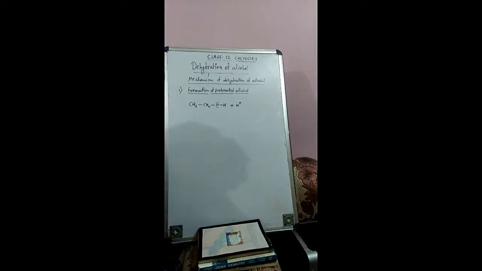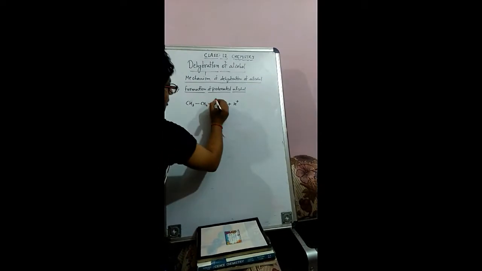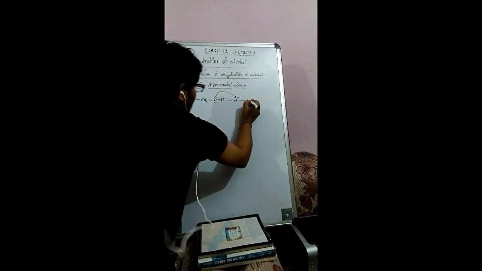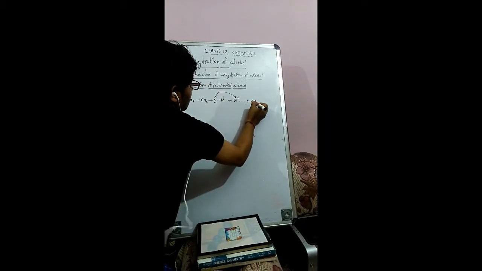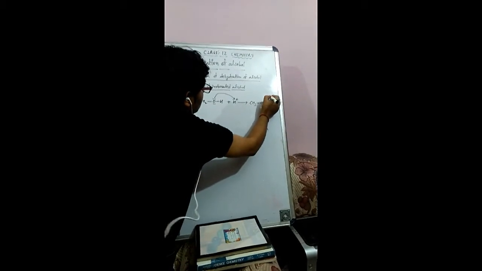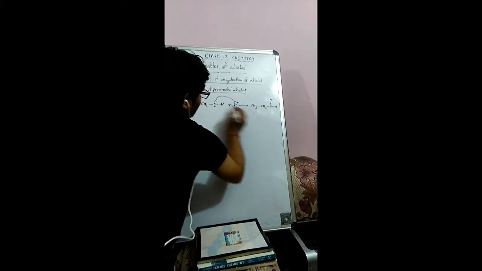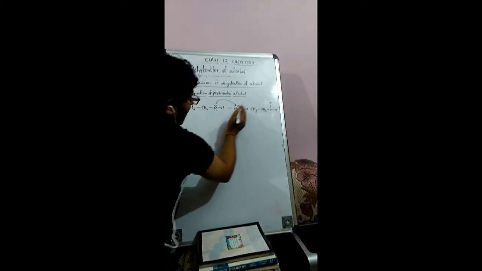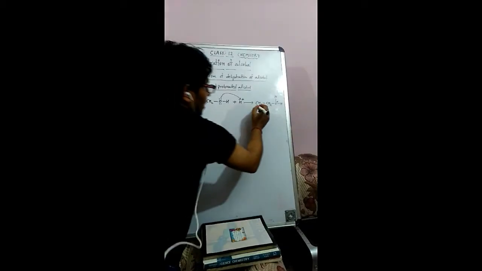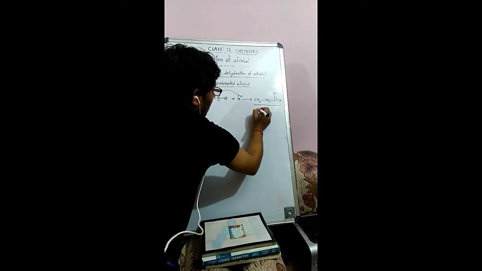The oxygen has a lone pair, so this lone pair will attack the positively charged hydrogen, and that gives us CH3-CH2-O-H-H. Oxygen has given its electron, which is why it gets a positive charge. So this is a protonated alcohol.